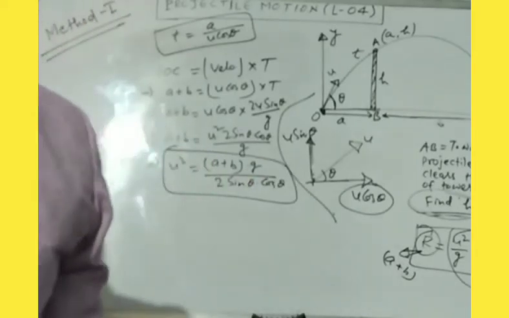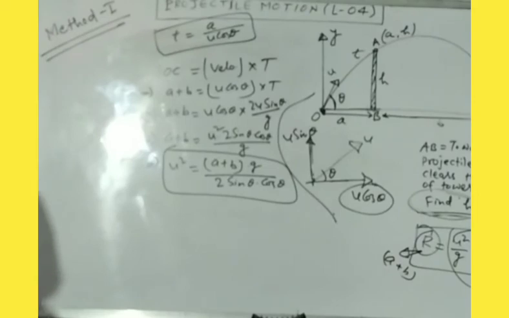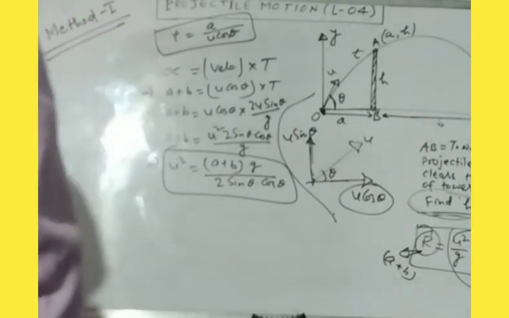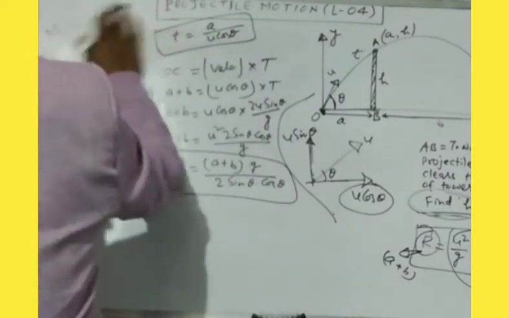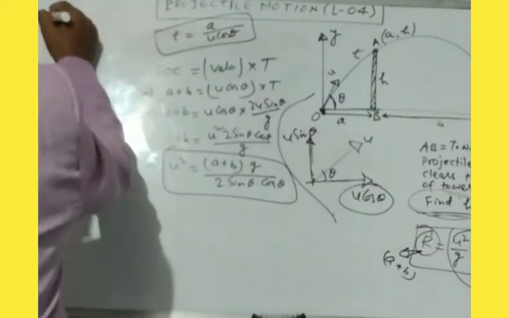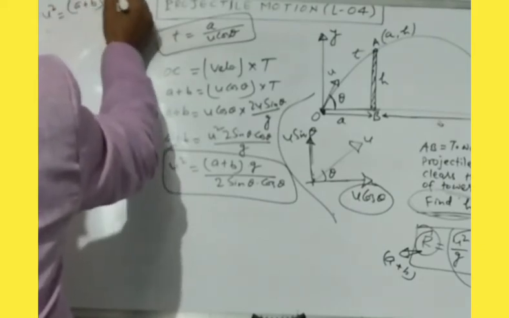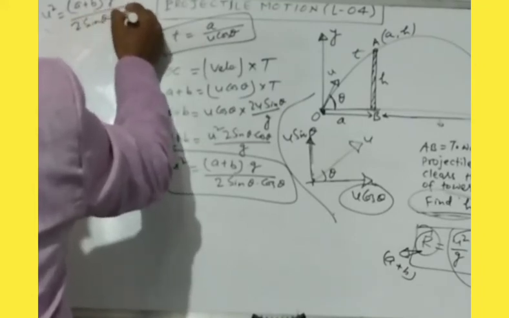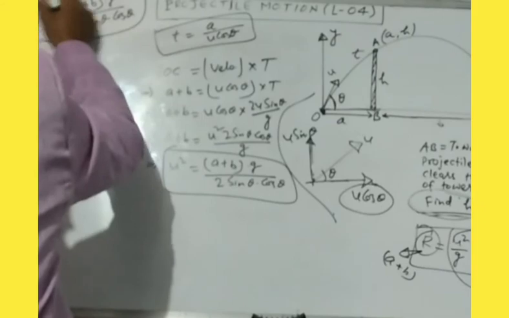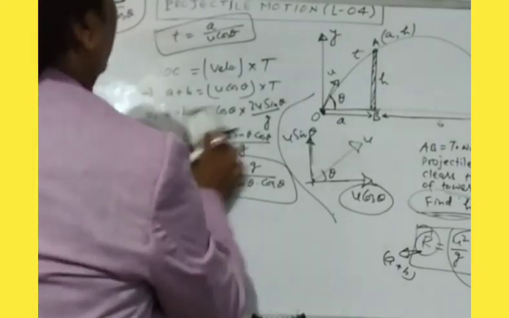This is the value of u square. I am writing this result also here: u square equals a plus b into g upon 2 times sin theta into cos theta. So this is the result for u square. Now let us move to further steps.